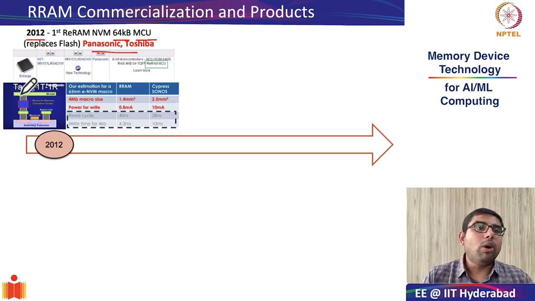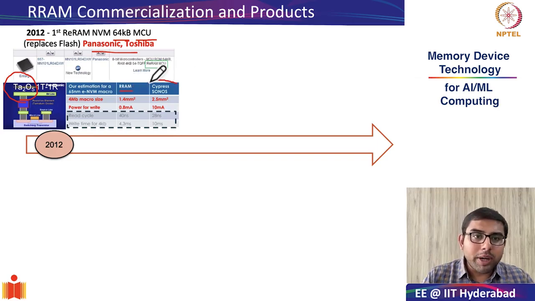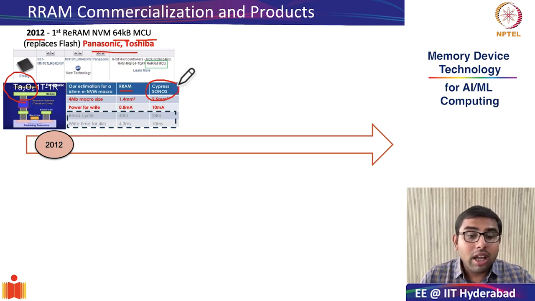So we know now that the 1T1R array consisted of tantalum oxide based RRAM cells, and this was the first demonstration to show that RRAMs could be a good replacement for embedded memory applications against the NAND flash.